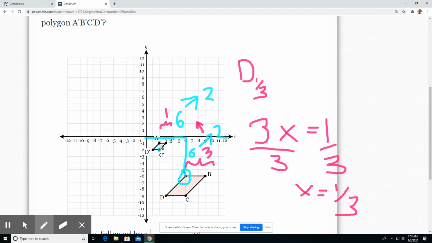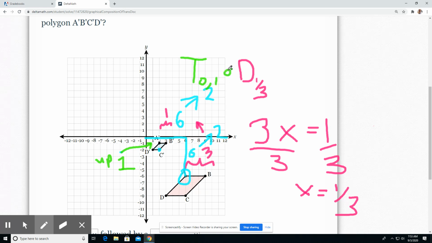And so notice that to get where I need to, let's change color one more time. To get where I need to here, I need to go up one spot. So this one to this one is up 1. Up 1 is a change in y in the positive direction, a translation. So I would translate up by 1, so that'd be a 0 for x change and a 1 for y change.